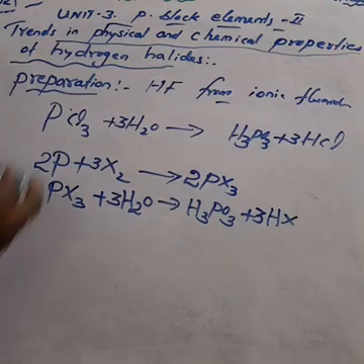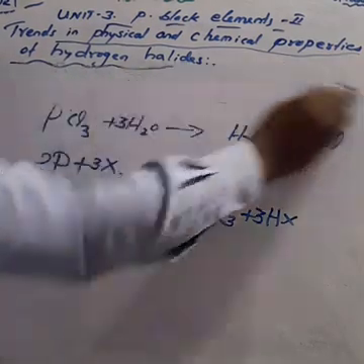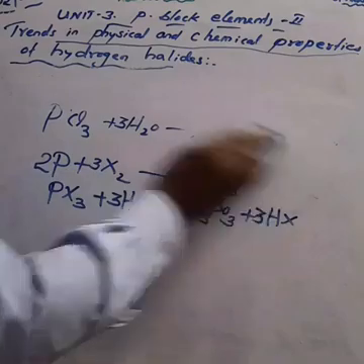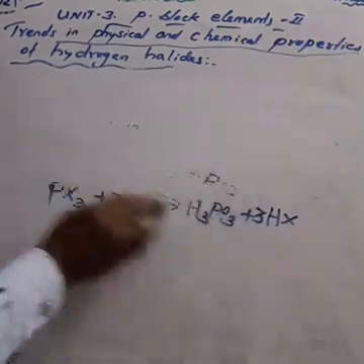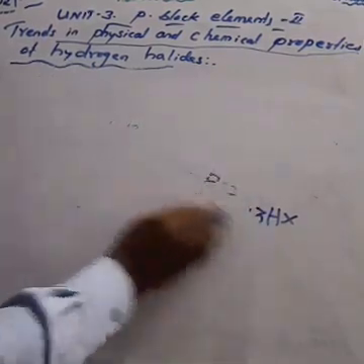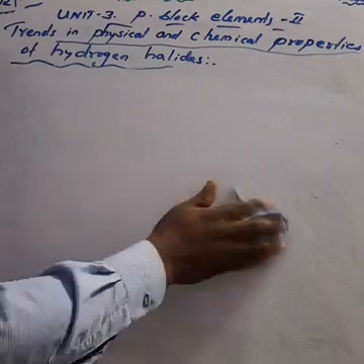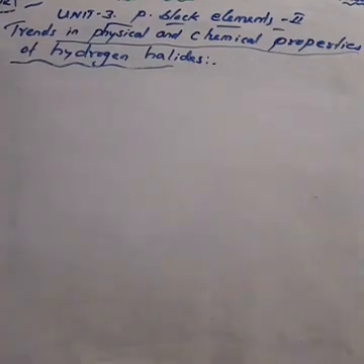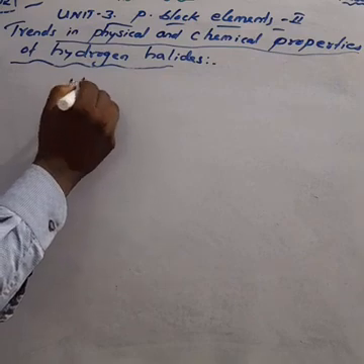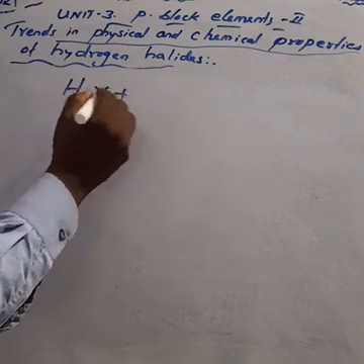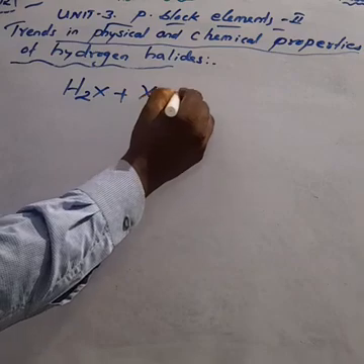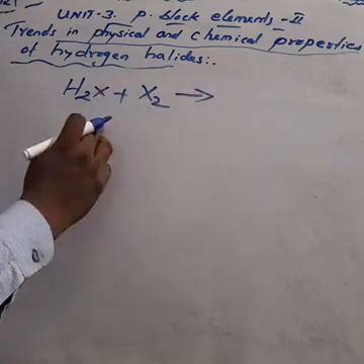Next, from covalent hydrides, how will you prepare hydrogen halide? Here, hydrogen sulfide, the formula is H2S, reacts with X2, one of the halogens. Am I right?